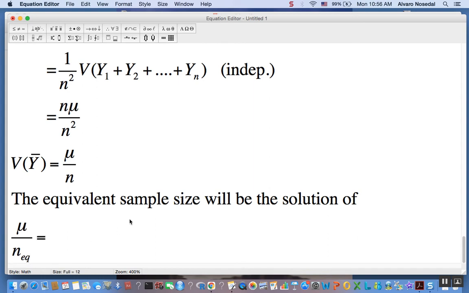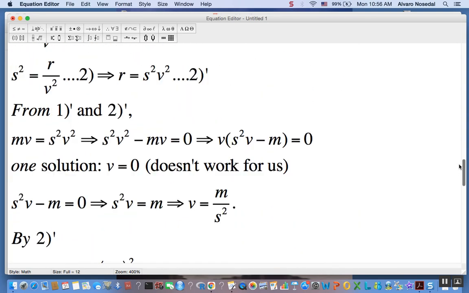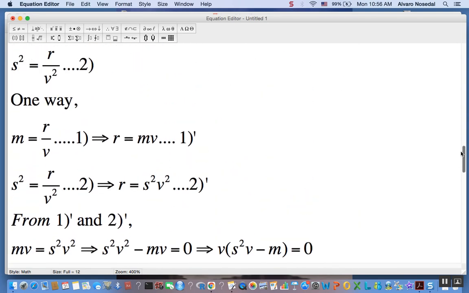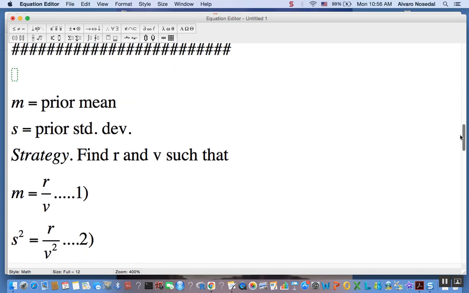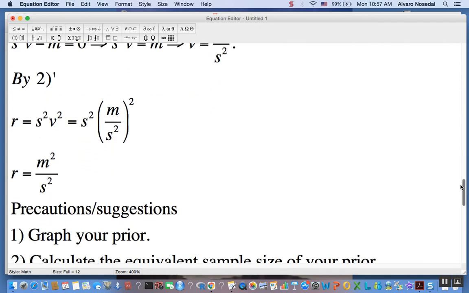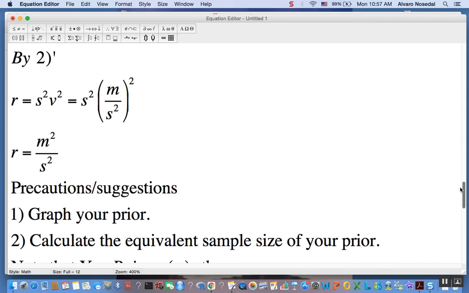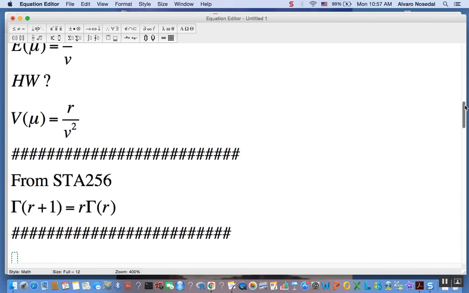And we want the solution in terms of the variance for our gamma prior, right? Here we have it. Where do we have it? Oh, there.